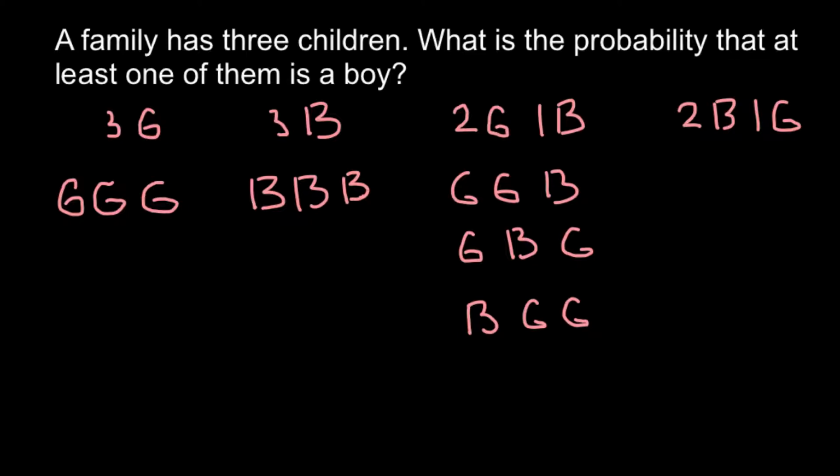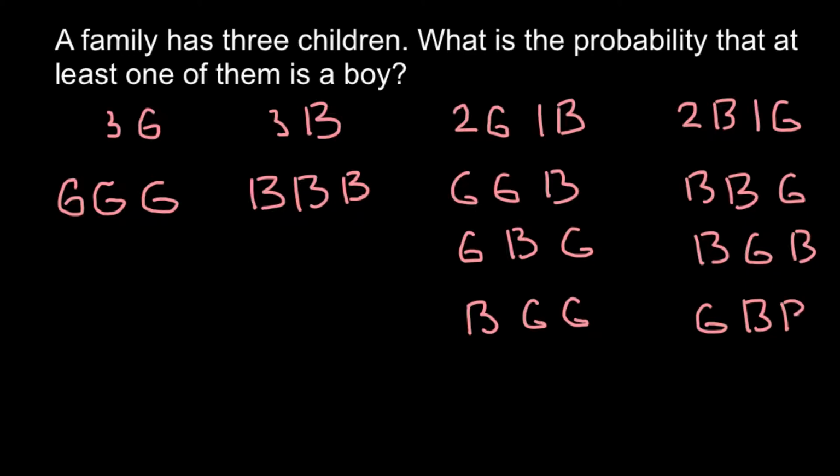And if we take a look at the situation with 2 boys and 1 girl, it's the same thing. So first we may have 2 boys and a girl. Another variant would be a boy, a girl, and a boy. And another variant would be when the first child would be a girl and then 2 boys.